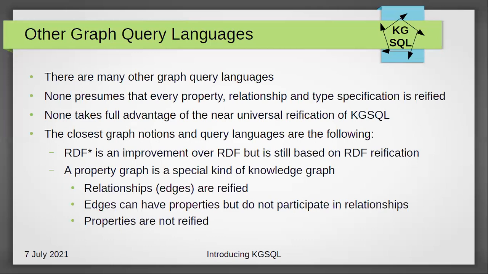And it's pretty much limited to reifying for the purpose of giving properties to relationships. A property graph is a special kind of knowledge graph where the relationships or edges are reified, and the edges can then have properties, but they do not themselves participate in relationships. Properties are not reified. Data type specifications are not reified, as far as I know.